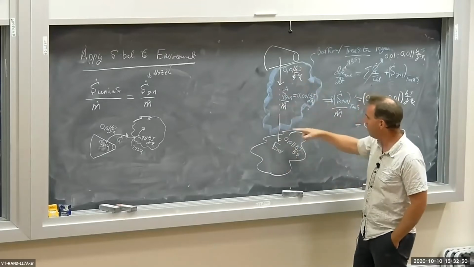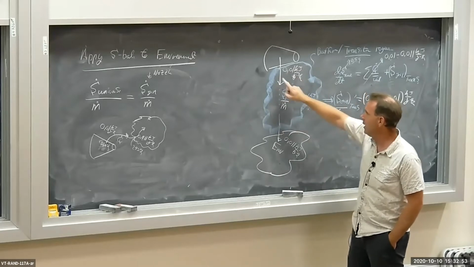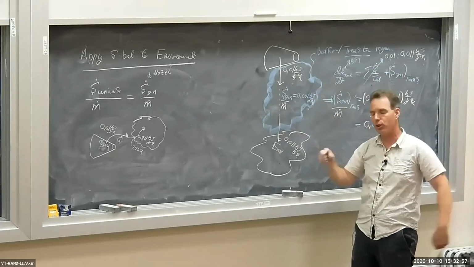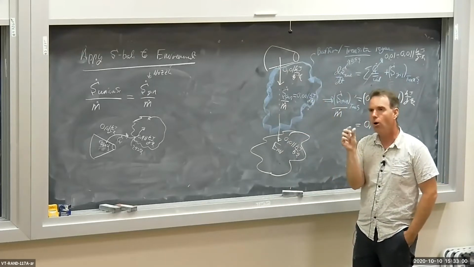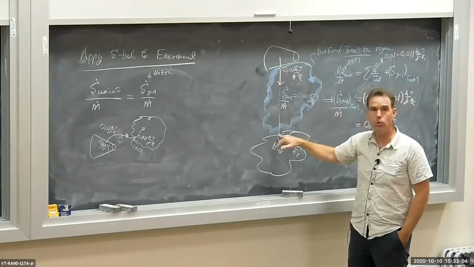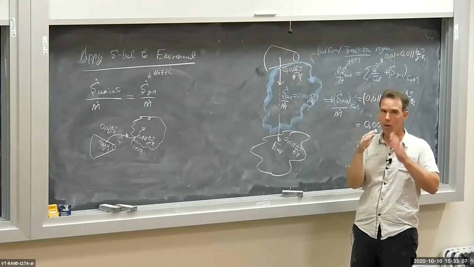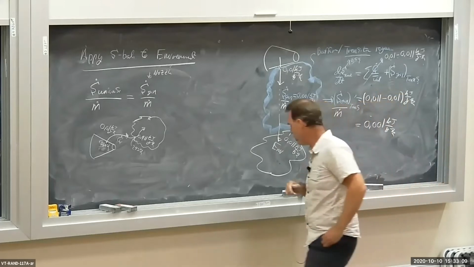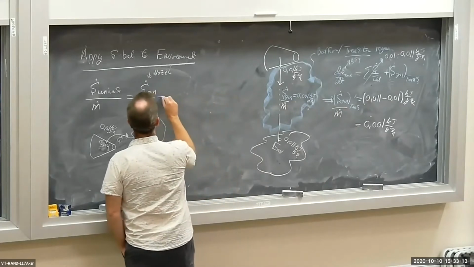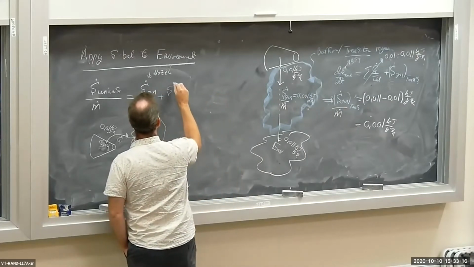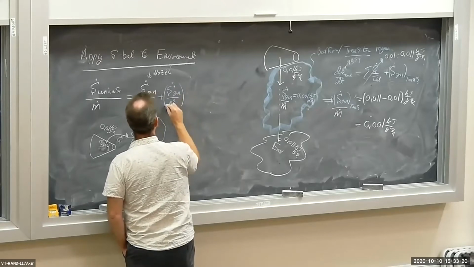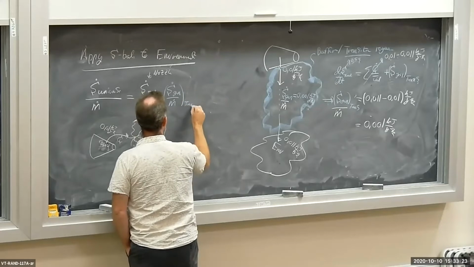But I also have this buffer or transition region as the heat flows from the nozzle to the surrounding environment. There's a thin buffer region over which temperature falls from 320 to 293. That's where the entropy is being generated. So now I've got this plus S dot gen over m dot for the transition.